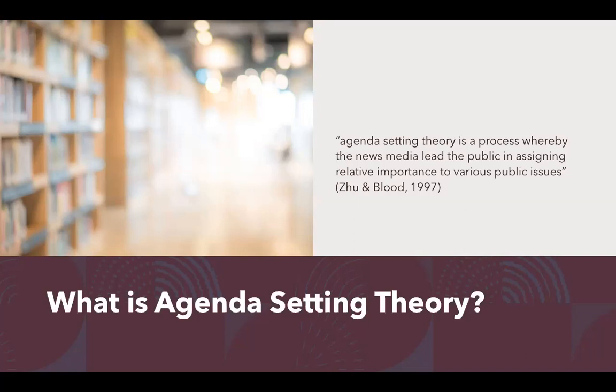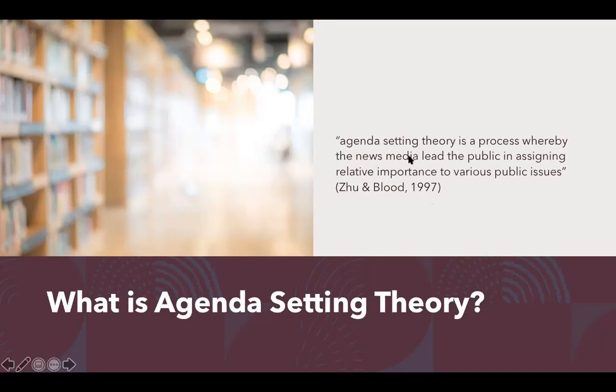And this is what the theory says. This is what the model says. I will repeat that the model essentially says that media has the power to set the agenda for people. Media has the power to assign importance to issues for the public. Let's read what Zhu and Blood said in 1997.